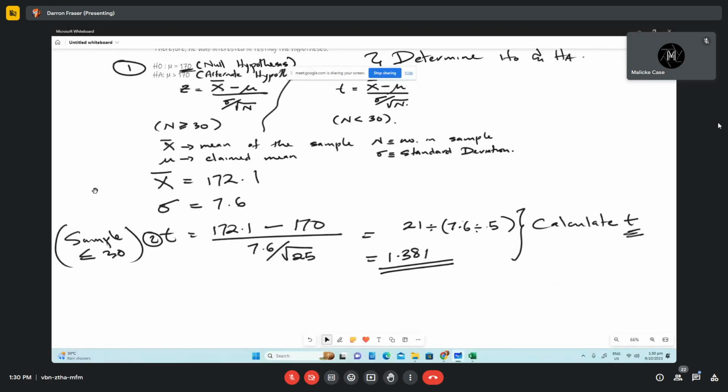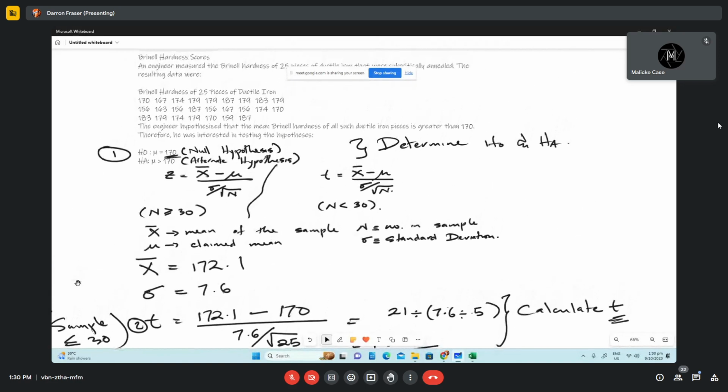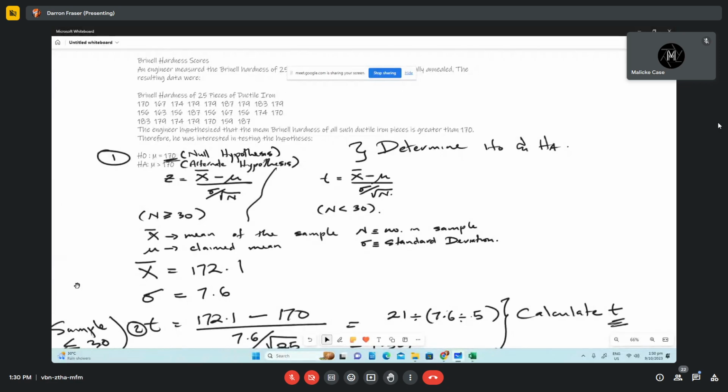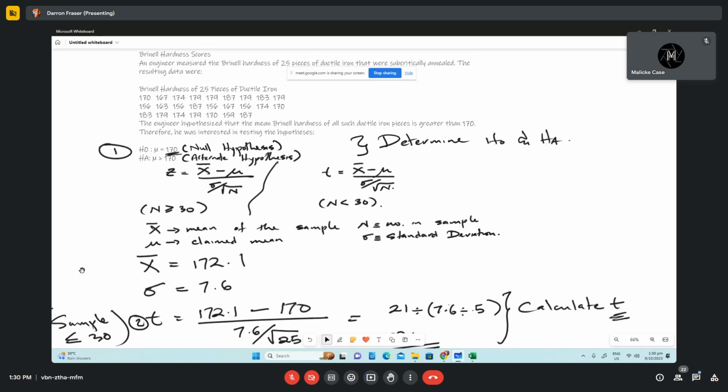So the next part is, last week we said that when we are not given the limit for the test, or the critical value for the test, it is always 95%. But we can determine whether we want the critical value to be greater or less.